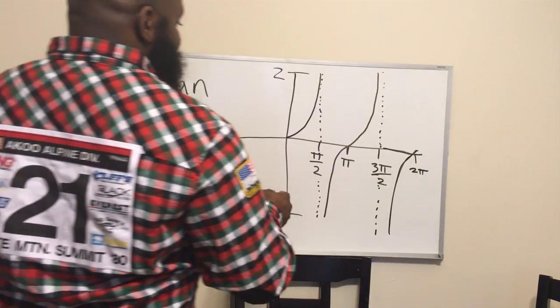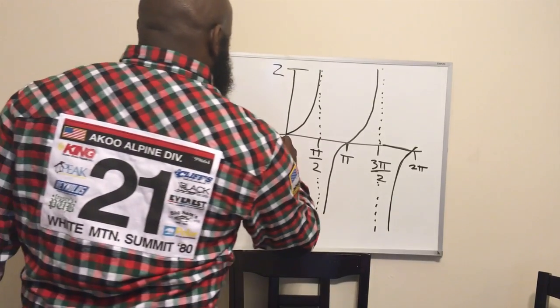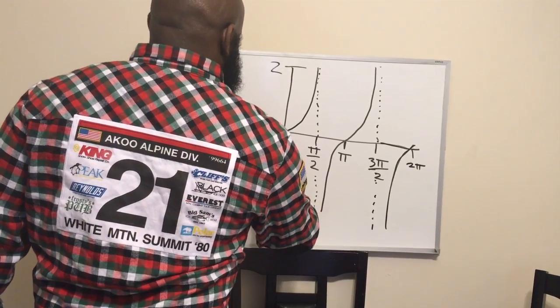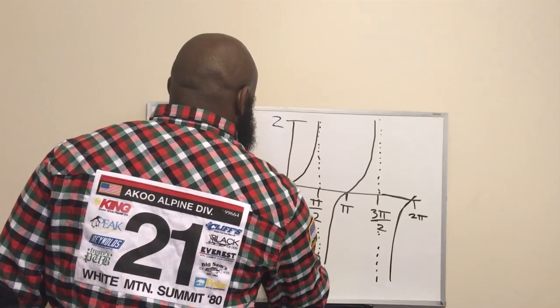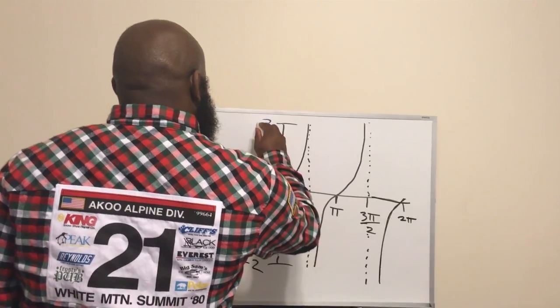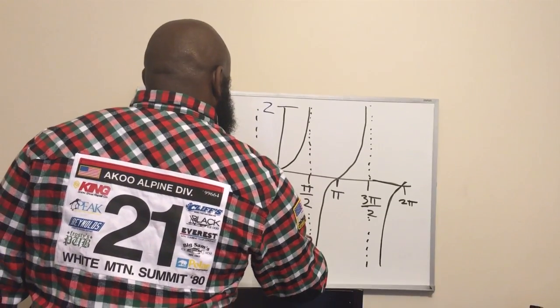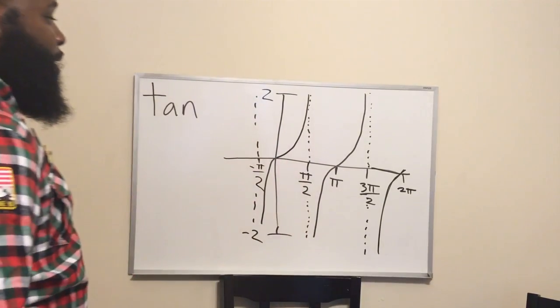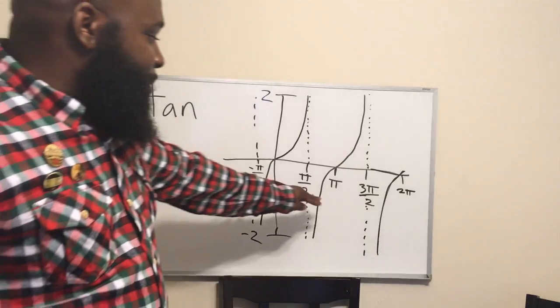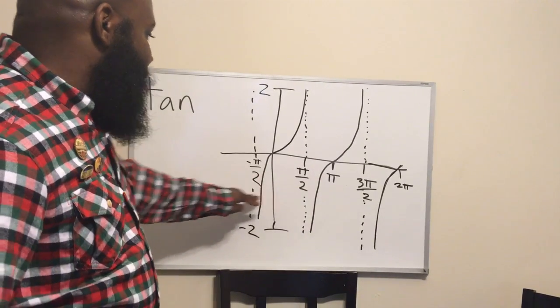Let's say, for instance, we had a negative pi over 2, and let's say we were extending this. It would continue to make this wave right here.